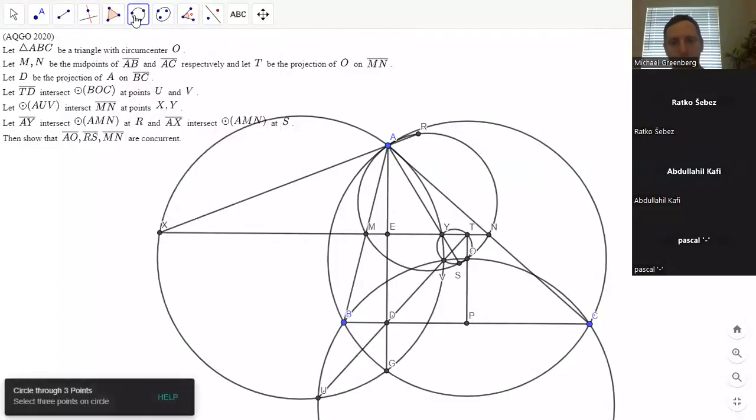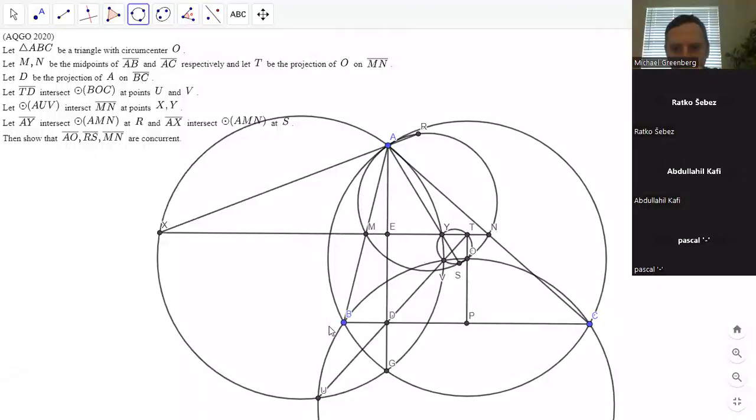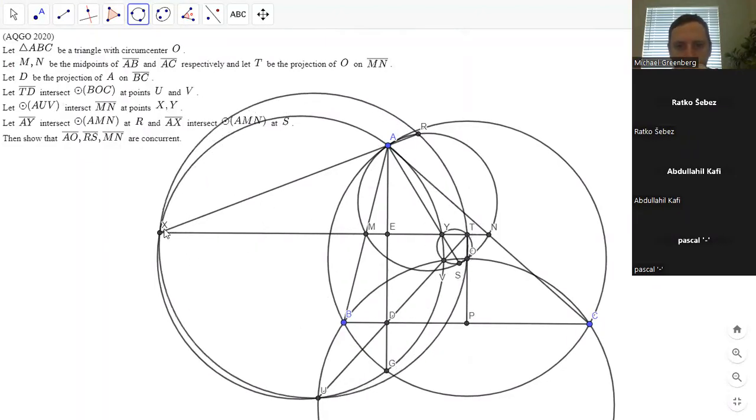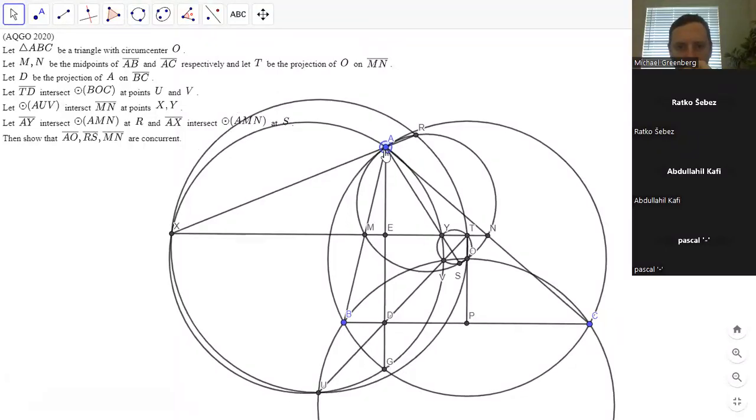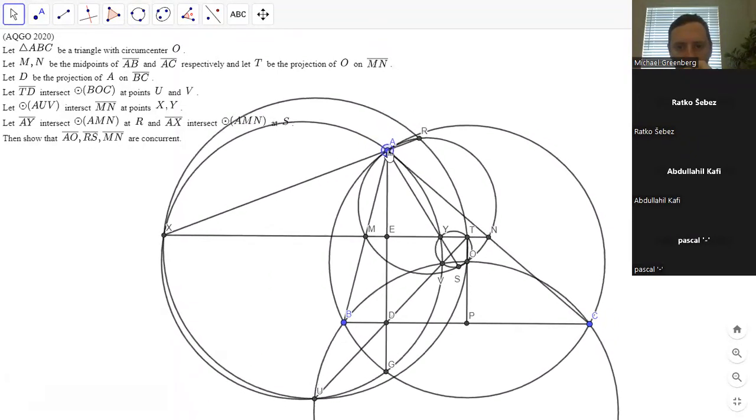So TOXU, is TOXU cyclic? It looks like it, and it looks like that also passes through R.